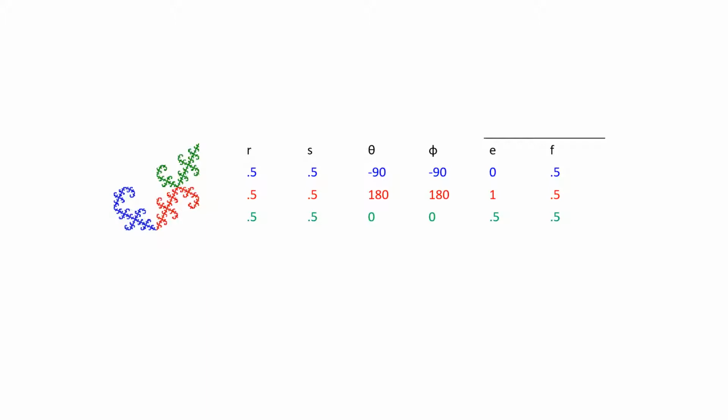Each of them is doing this half and half. The R and S values are half and half, so the whole fractal is reduced to half of its size. The translational values are 0 and 0.5 in the vertical direction for the blue one. For the red one it is 1 and 0.5, and for the green one it is 0.5 and 0.5.